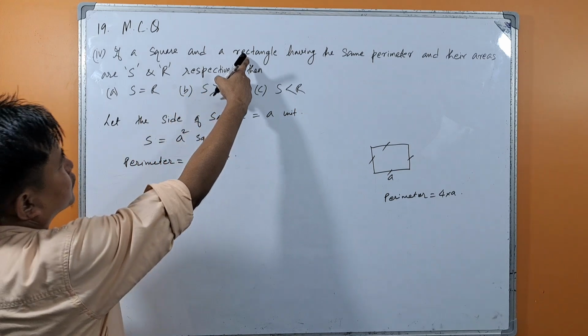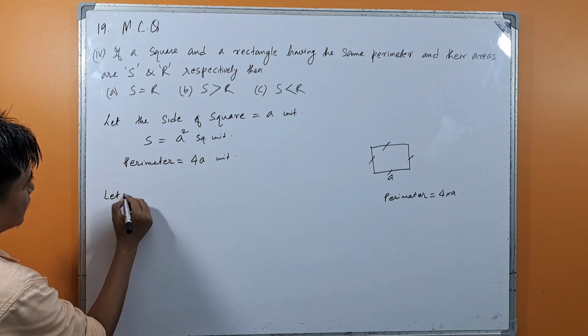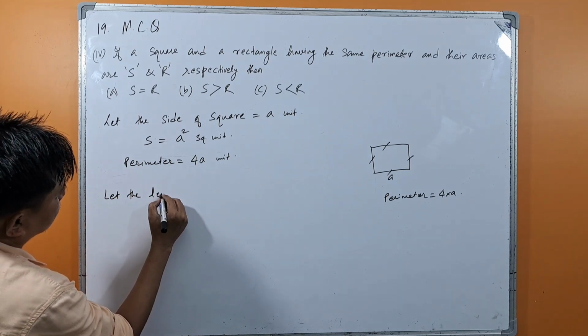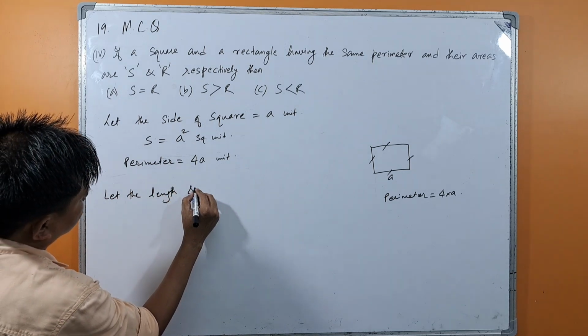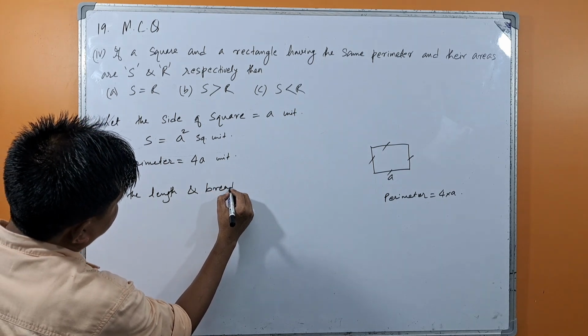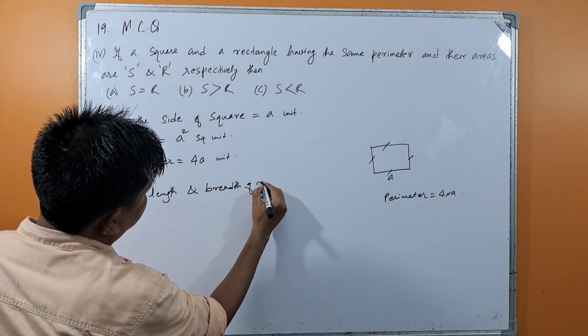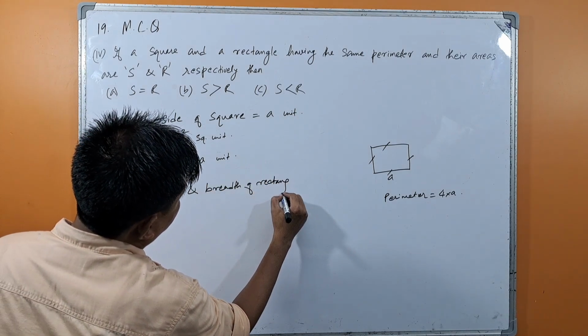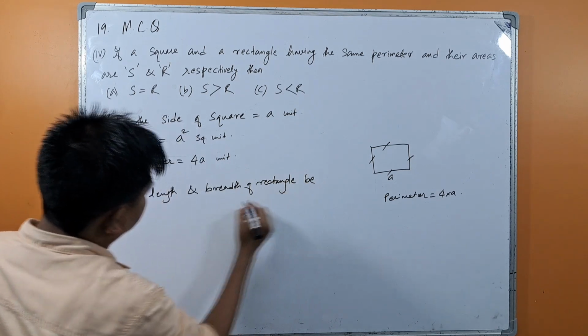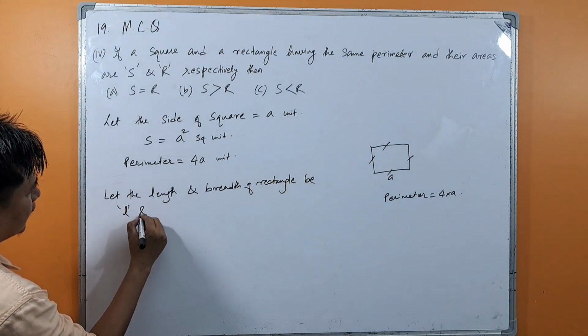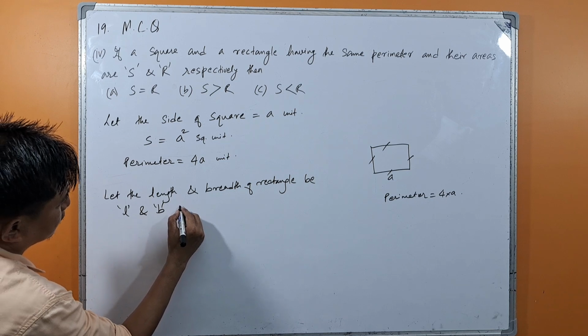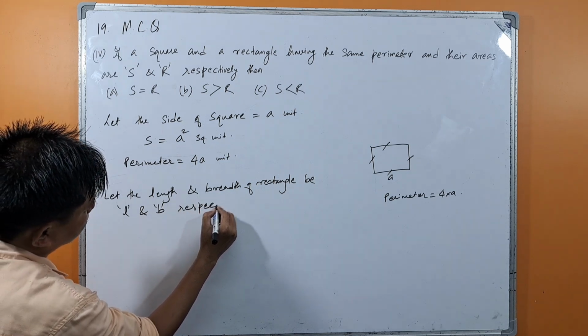We have a rectangle also, so let the length and breadth of the rectangle be L and B respectively.